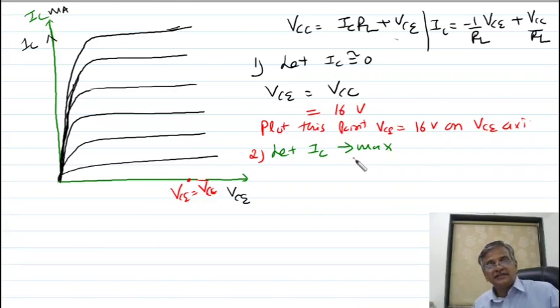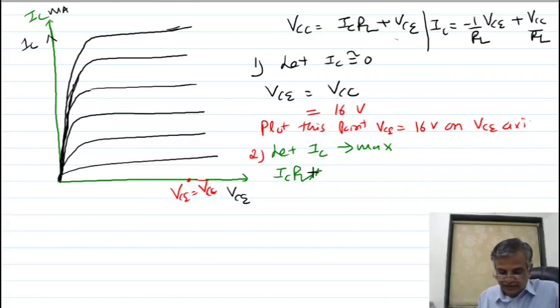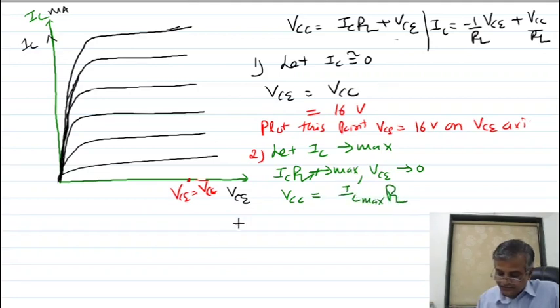If IC is maximum, then the product ICRL is maximum. Since VCC is a constant, if this product is maximum then VC must be minimum. So VC tends to 0. As a result, VCC is equal to IC maximum into RL. So IC maximum is equal to VCC by RL.